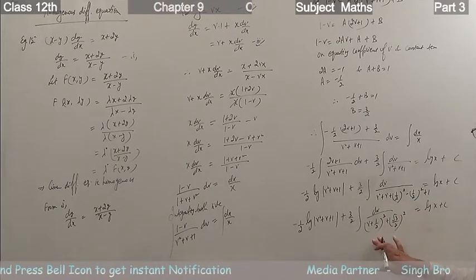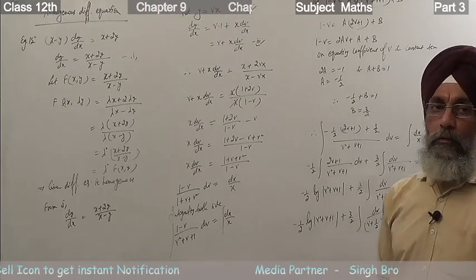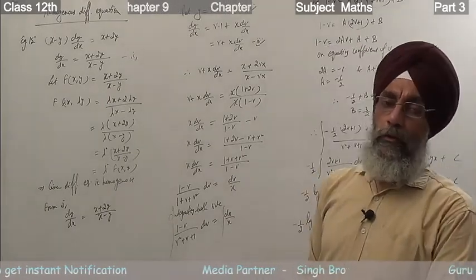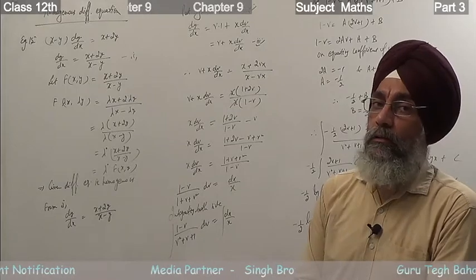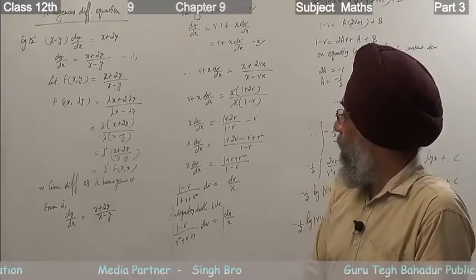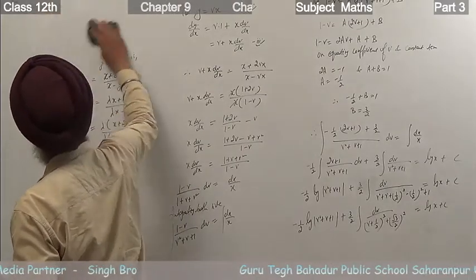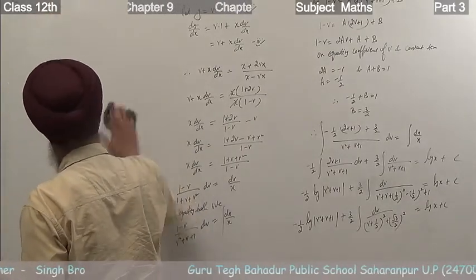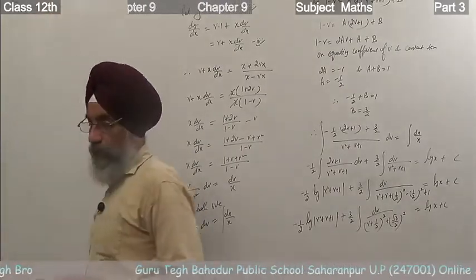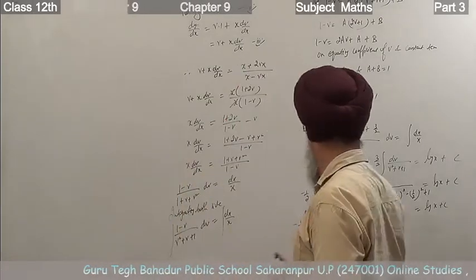Now for 1 upon x square plus a square, what is the formula for integration? The formula for integration of 1 upon x square plus a square is 1 upon a tan inverse x upon a, applying here. Solutions are quite lengthy and we have to do them very carefully.